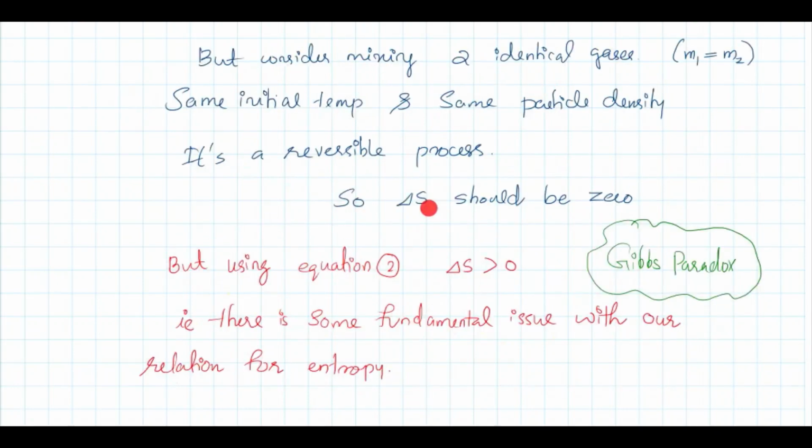But from thermodynamics, we knew that delta S should be 0 for a reversible process. Here, we obtained delta S greater than 0. This discrepancy is called Gibbs paradox. On mixing of two similar gases, entropy change should be 0.